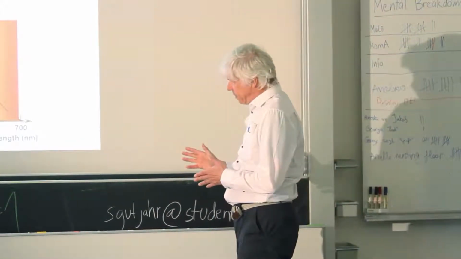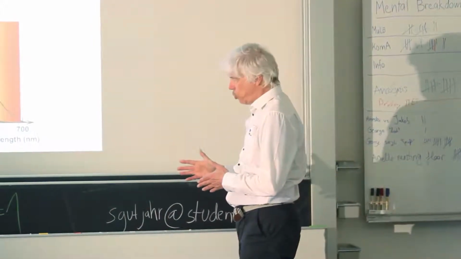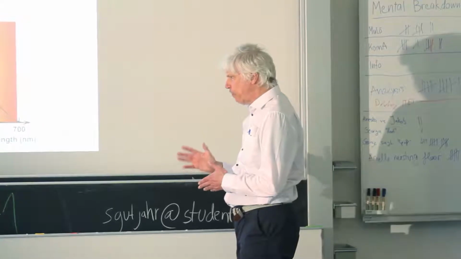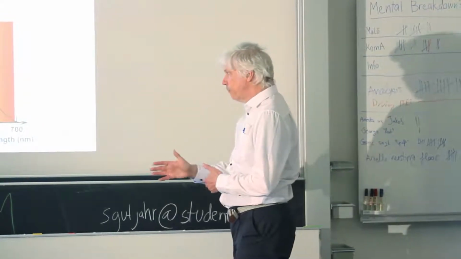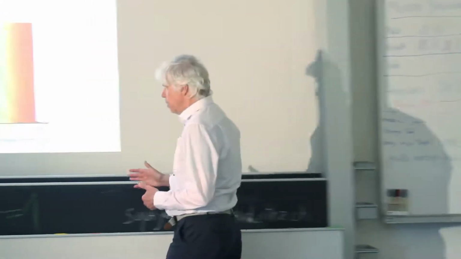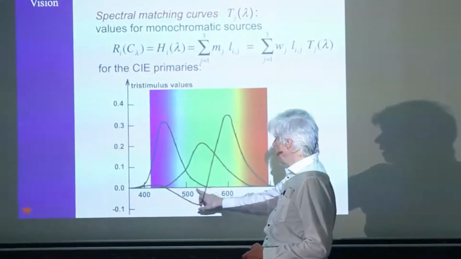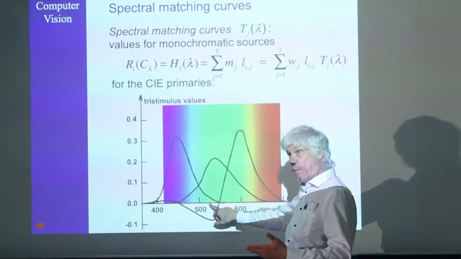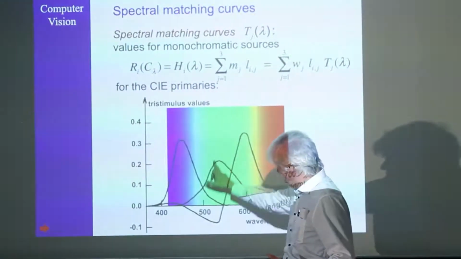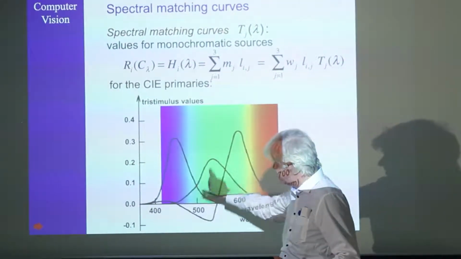Here are the answers. Here we see how much of each of the three primaries we have to take to mimic the different monochromatic light sources. If you're at a certain point, let's say here, and you want to know how much of each of the three primaries you have to take, you go vertical here and see where that intersects the three curves.